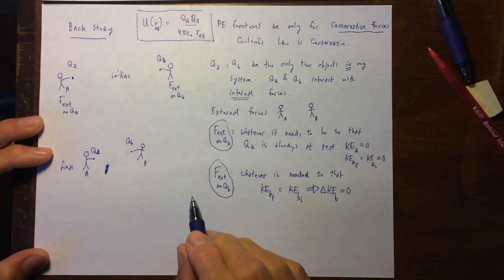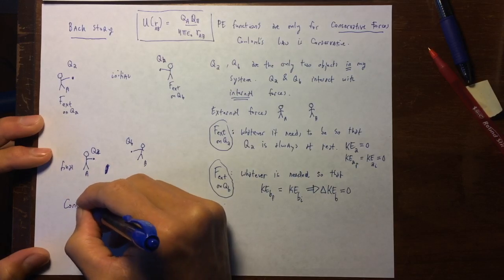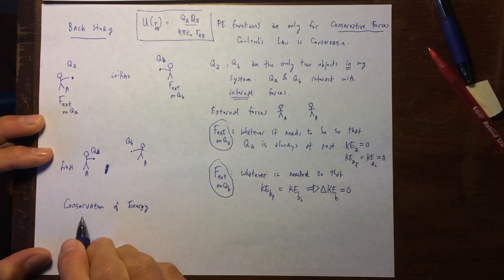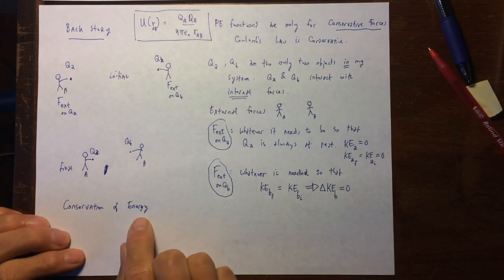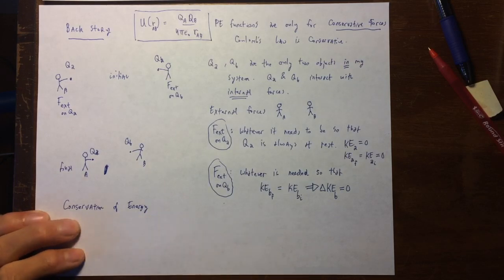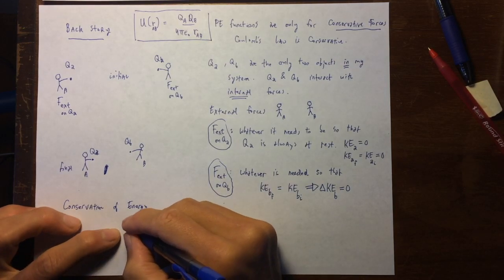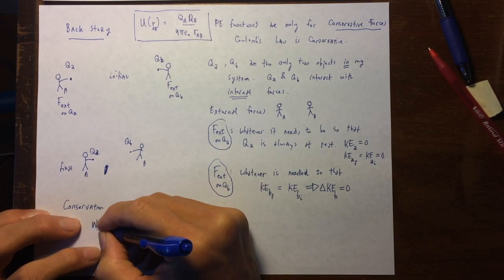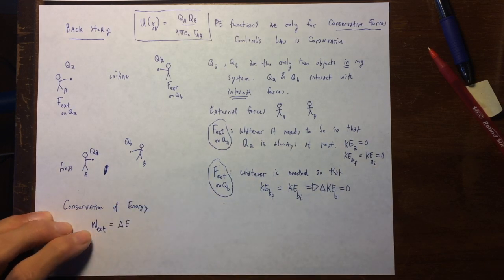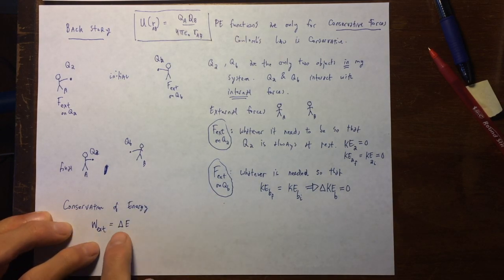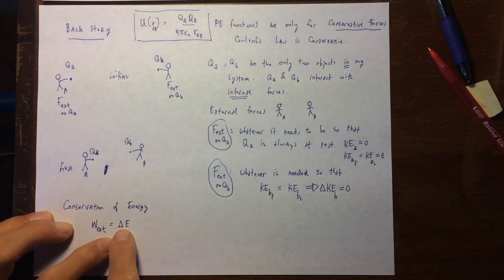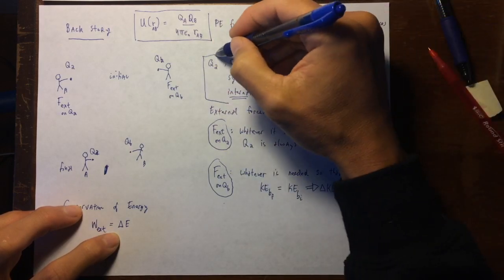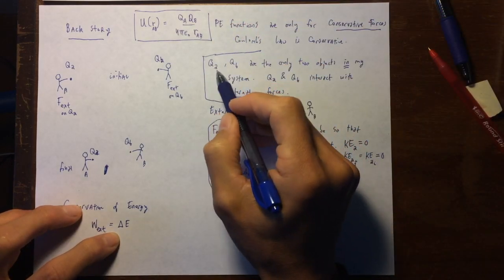So, conservation of energy. What it does not say is that the energy of a system cannot change. What it does say is that the energy of a system is going to change if some external agents manage to do work. So this is the change in the total energy of my system, and my system is just the two electric charges.